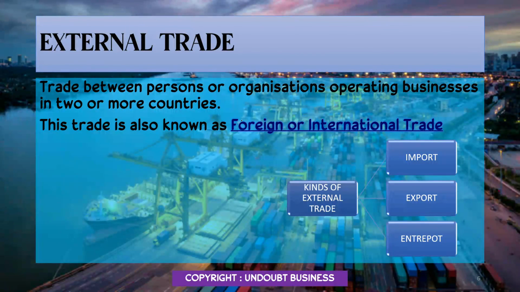Trade between persons or organizations that are operating their business in two or more countries. Let's take an example here: I have my business in India. Now what I am doing here, I am trading. I am engaged in a trade with the US or with Germany.